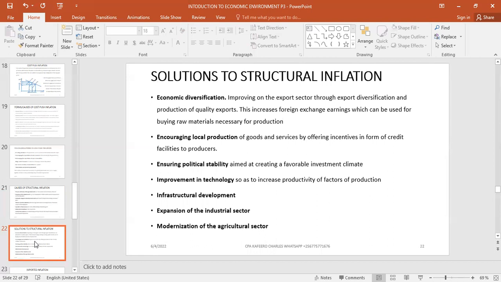When you do so, you are able to earn more in foreign exchange. Most of the things we face in low developing countries is that when we export raw materials, in the form of agricultural outputs and others, they are not processed. We sell raw materials, and when we sell those raw materials, we get less.